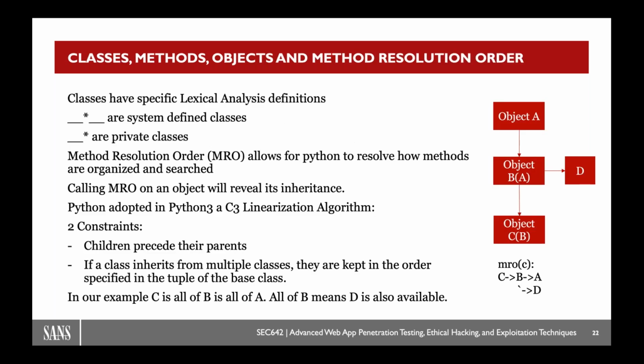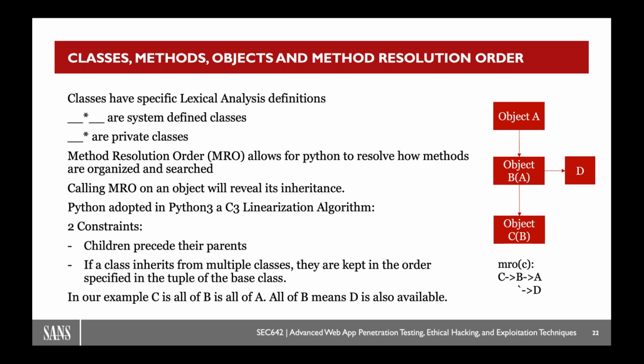First of all, Python has something called method resolution order. So let's talk about how this works. In Python, you have what are called reserved names. So you have function or class names that you should not or cannot use unless you are part of the system defined classes, or the private classes.